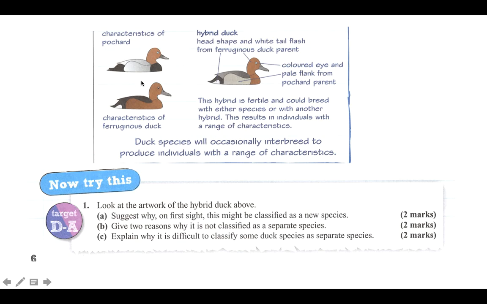They're not exactly the same. But if you were to classify on visible characteristics only, it would suggest it was a different species. If you were to look at this, you would literally say that this is not the same as either of these. Looking at them, they look totally different, so it must be a different species.